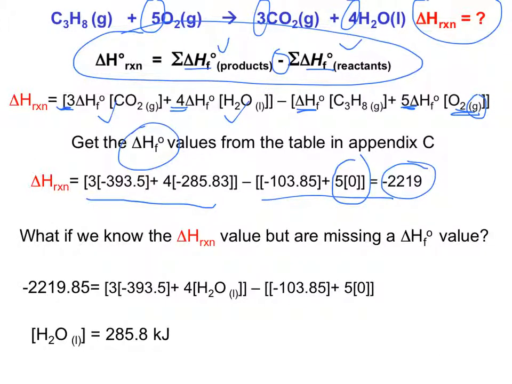Okay, so other problems that you may be asked to solve for is to actually figure out a missing value besides delta H of reaction. So I might know what my delta H of reaction is, and I might be missing one of my enthalpy of formation values. So this will be a type of question that you'll find on the AP exam as well as our upcoming exam.